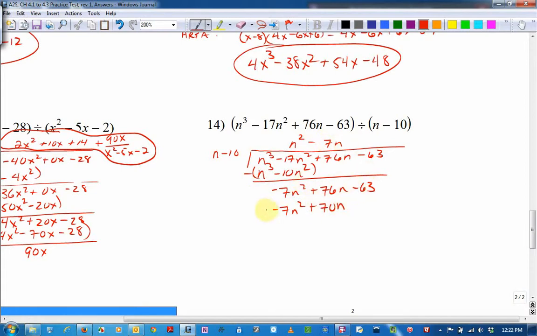So let's subtract. Negative 7 minus a negative 7, that's plus 7, so that's 0. 76 minus 70, that would be 6n. And let's bring down the 63. Now I need to get rid of the n, so I'm going to multiply by 6. That would be 6n minus 60.